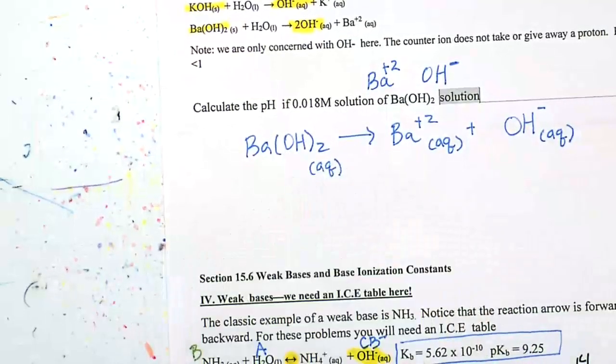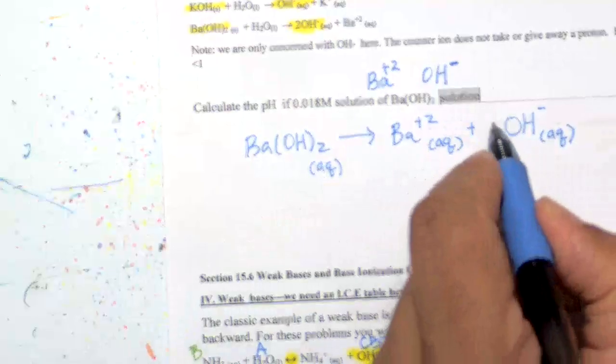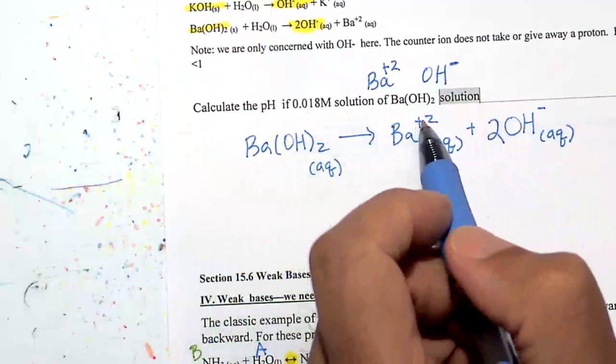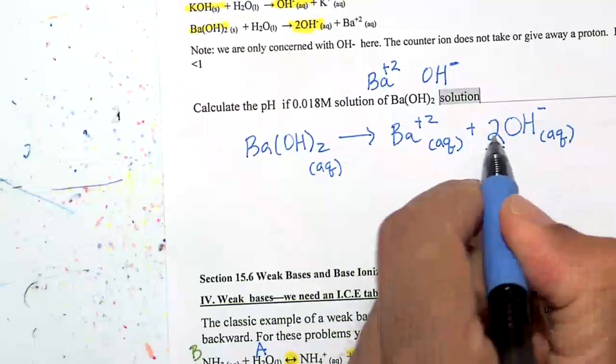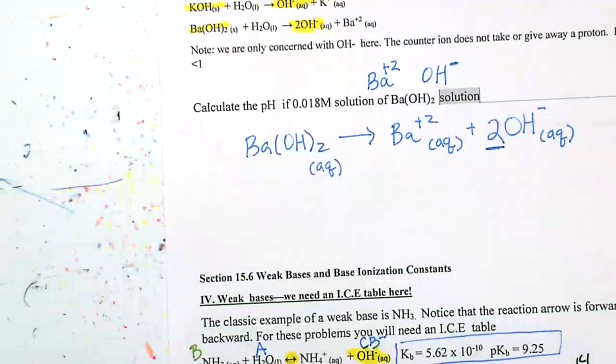Barium hydroxide in water dissociates into barium ion and hydroxide ion, and we will balance this to give it 2. So it's not a source of 1 OH, but how many OHs? 2 OHs. So how will we get the pH here? Well, we don't calculate the pH first.